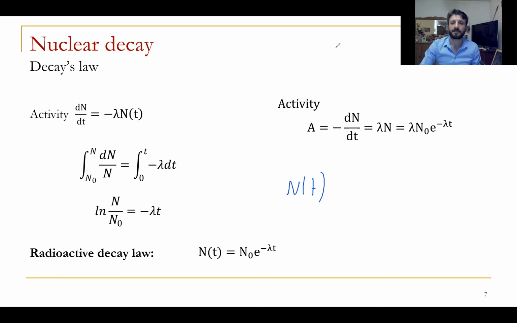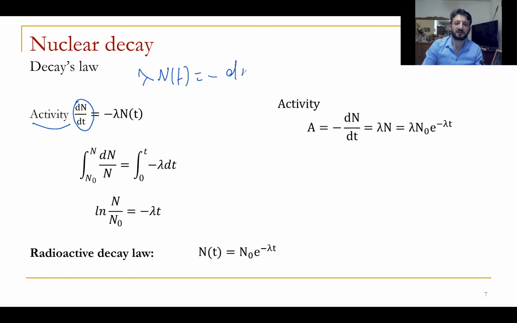First of all, we can start by the expression of the activity. You know dN divided by dt equals minus lambda N(t), or we have lambda N(t) equals minus dN divided by dt.